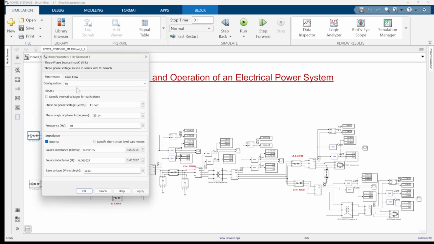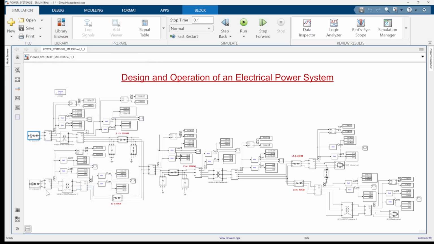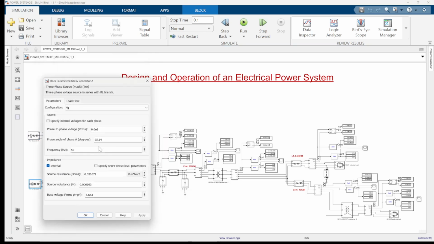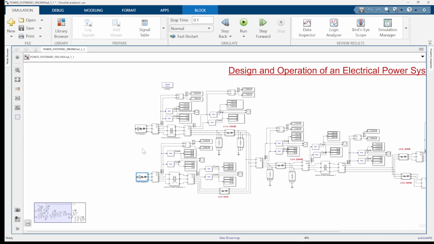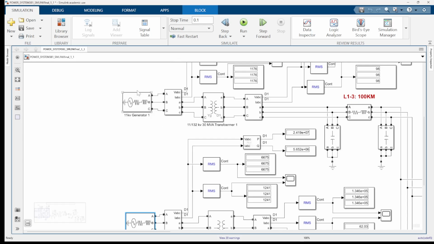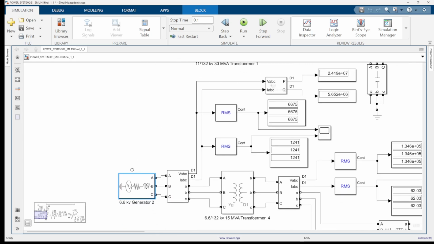Then generator 2 is this one. It should generate 6.6 kV, and both the generators are modeled with realistic internal impedance using per unit values with an X over R ratio of 10 and subtransient reactance of 8% and 10%, respectively.